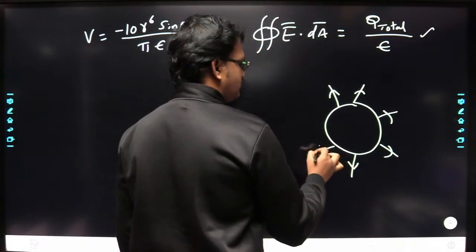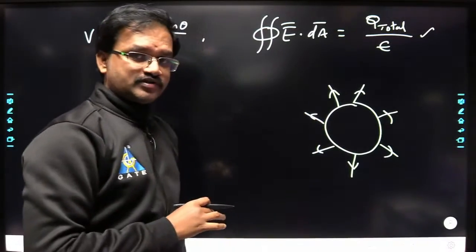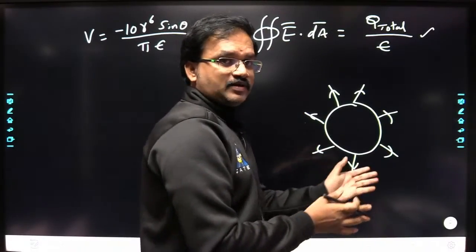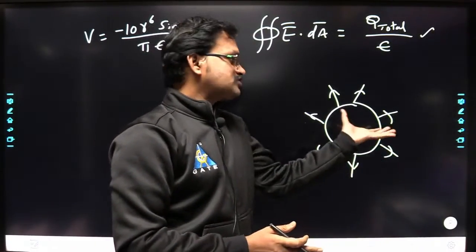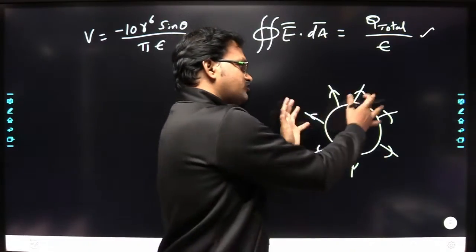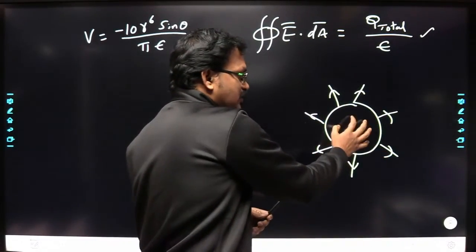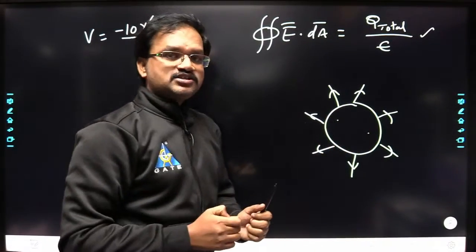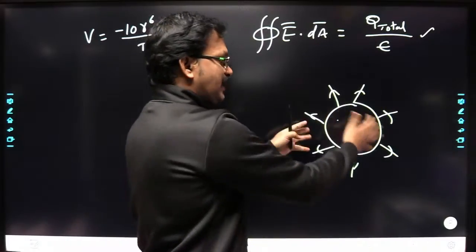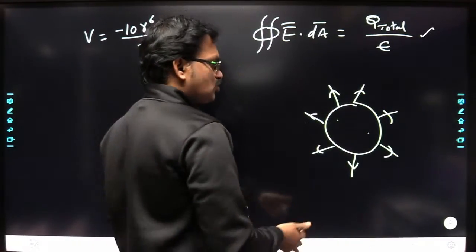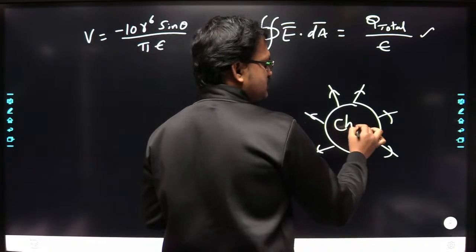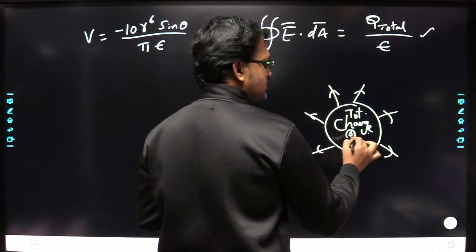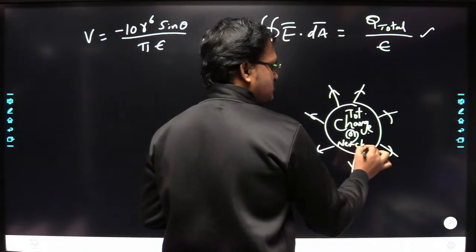If the electric field lines are leaving this closed surface, there must be a cause of these field lines within the volume, yes or no? Inside this closed surface there must be a source of these field lines. What is the source? It is nothing but charge, the net charge here. Understood?